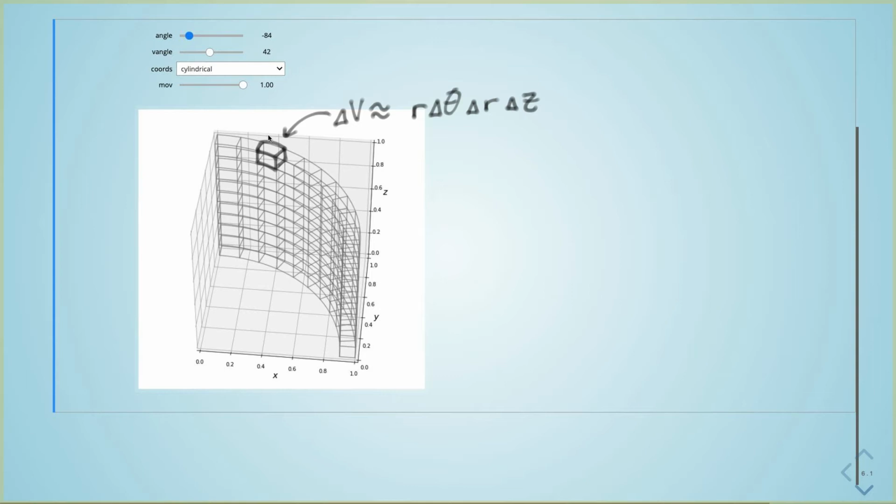So in practical terms, what does that mean for our triple integral here? Well, then dV simply becomes r dr d theta dz. Similarly, just that extra r comes along when we do that.